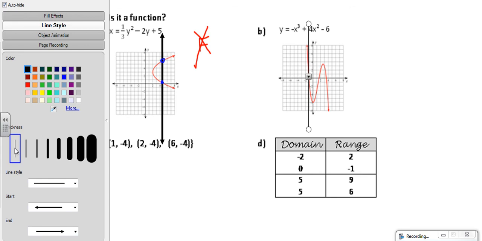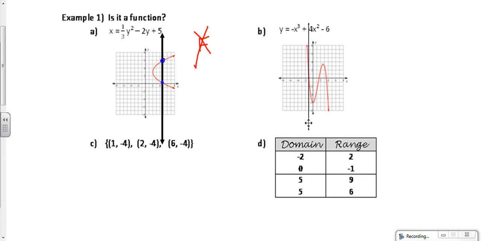Go really narrow. There we go. Now it's just intersecting the red line at one point at a time. So if I move it, I'm still intersecting only at one point at a time, so it passes the vertical line test. So this one is a function.